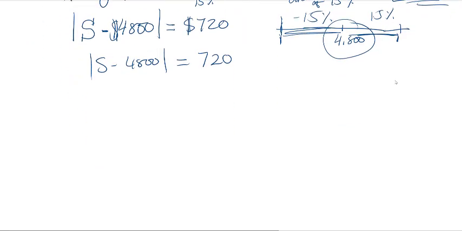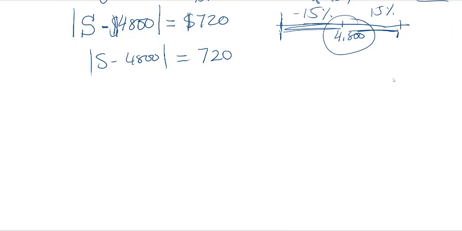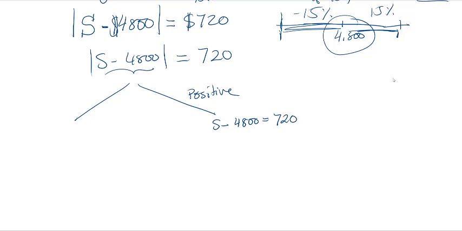How do we solve this equation? Well, what we will do is what we did in the previous video. We look at two different cases. We look at the case where what's inside here is actually positive, in which case we don't have to worry about the absolute value brackets. We could just look at S minus 4,800 equals 720.